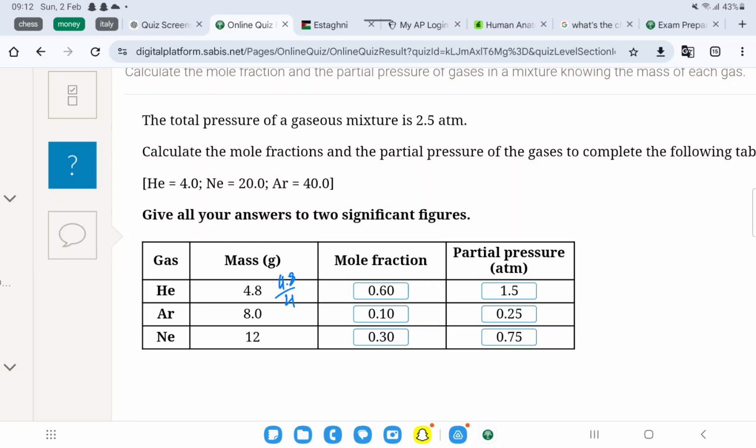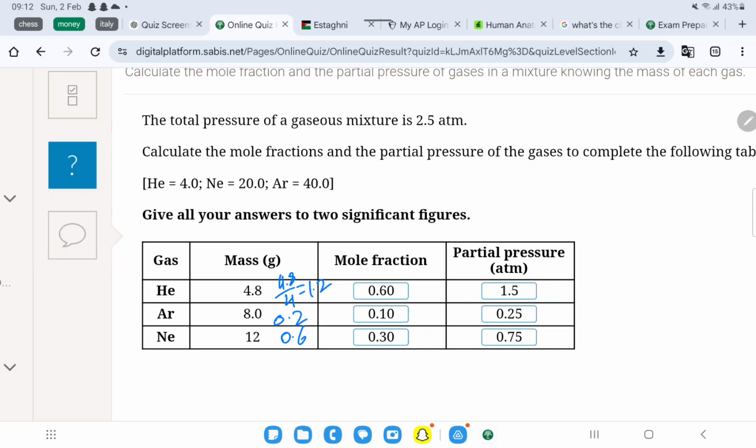Now we know that moles is mass over molar mass. It equals 1.2, and for argon, 8 divided by 40 is 0.2, and for neon, 12 divided by 20 equals 0.6.